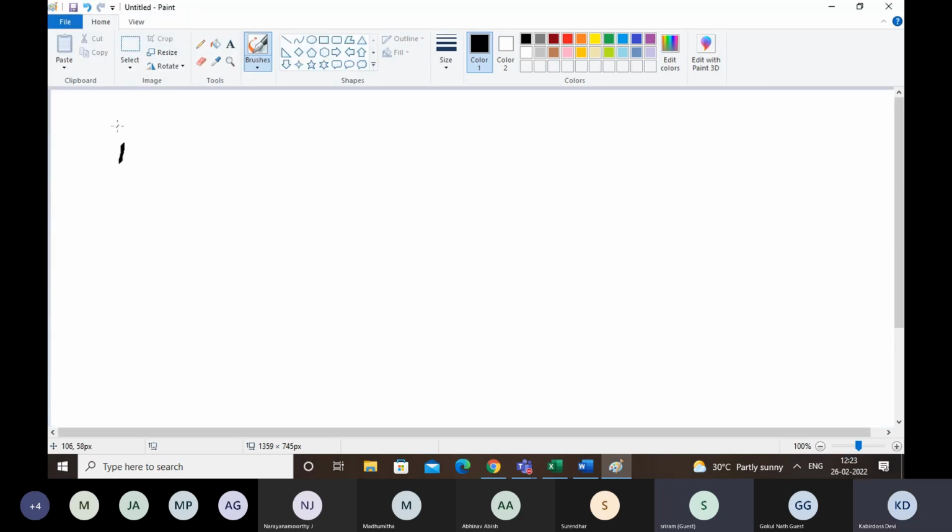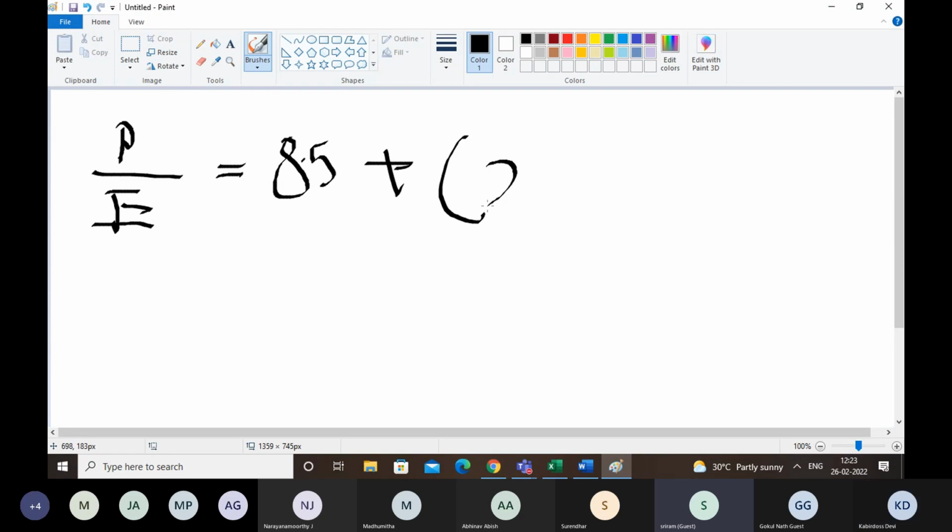If I say P divided by E, which is price per earnings, is equal to 8.5 plus 2g.